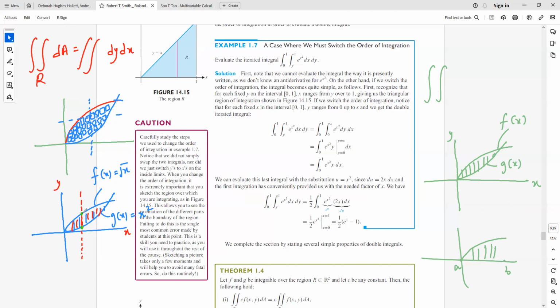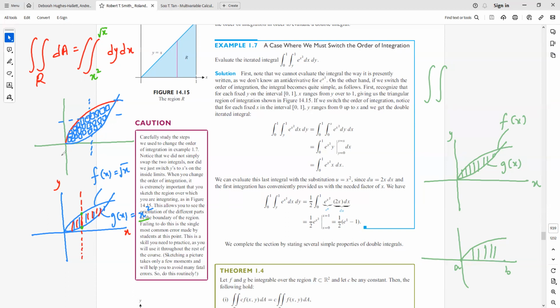The upper limit is the curve f of x, square root of x, and the lower limit is the function x squared, because the arbitrary line parallel to the y-axis cuts the lower curve at the least point of this region. So the integral goes from x squared to square root of x. These are my limits in the y direction.